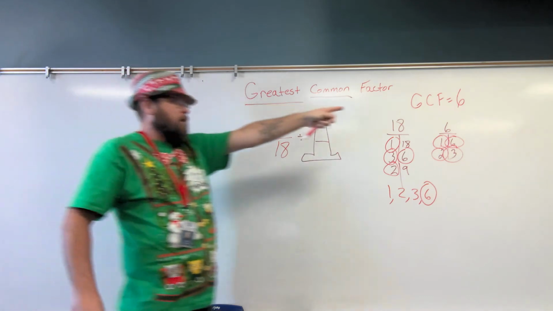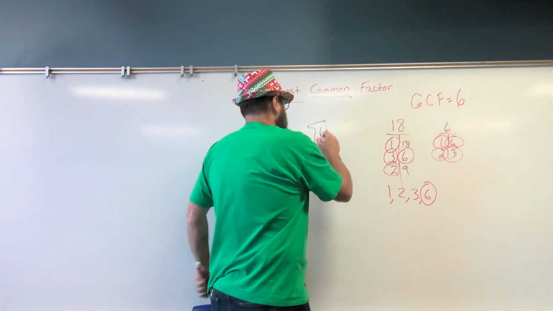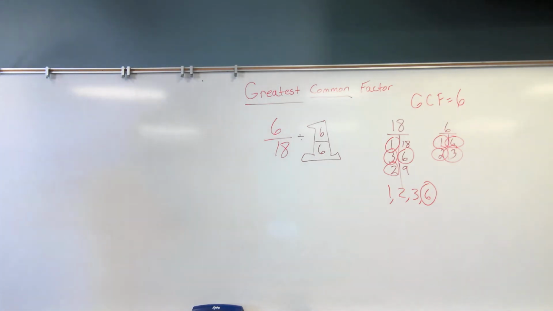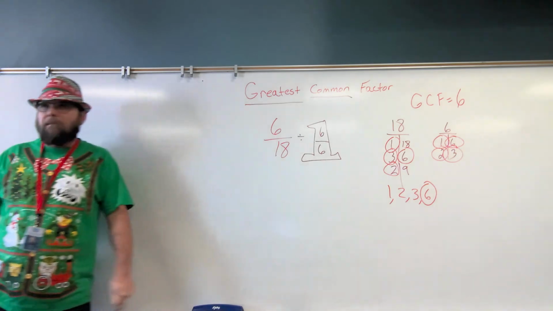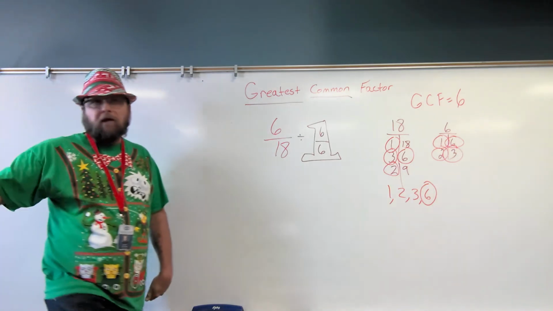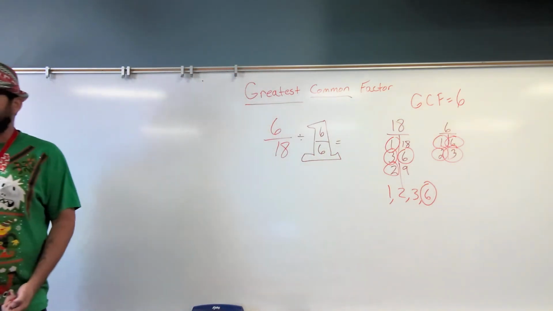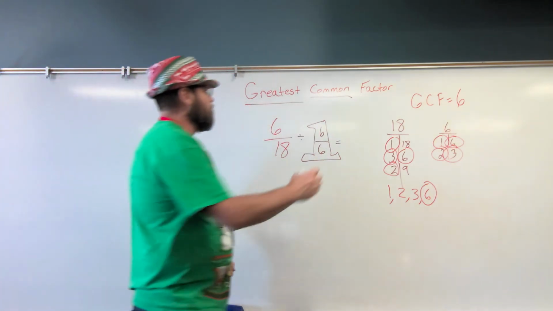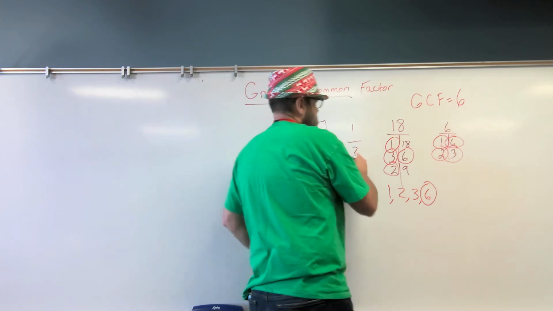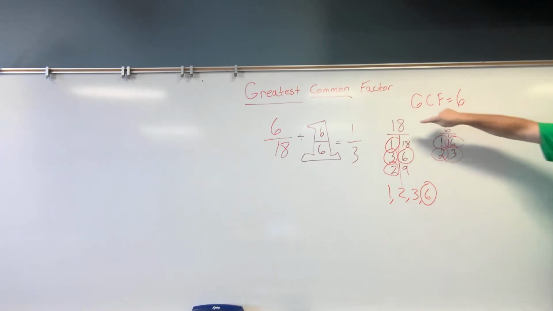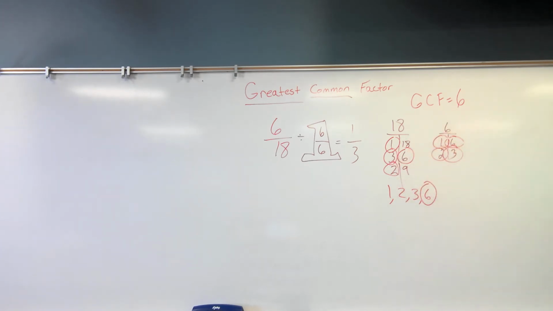Now I put that funny looking 1 around 6 over 6 because 6 over 6 equals 1. If we're dividing by a number that equals 1, then I'm not changing the value, I'm changing how this is written. 6 divided by 6 is 1, and 18 divided by 6 is 3. And the cool thing here is, if you write this down, 6 divided by 6 is 1, 18 divided by 6 is 3. It's there already.